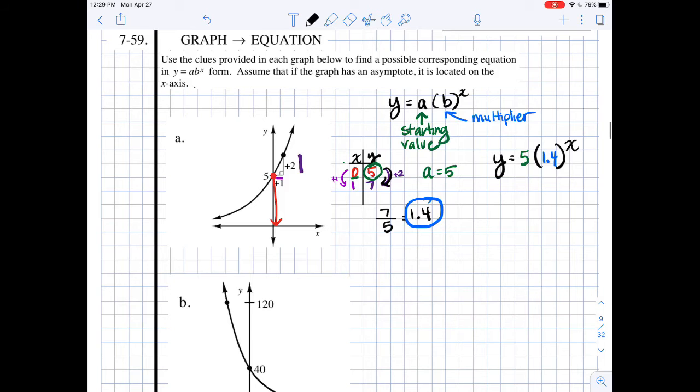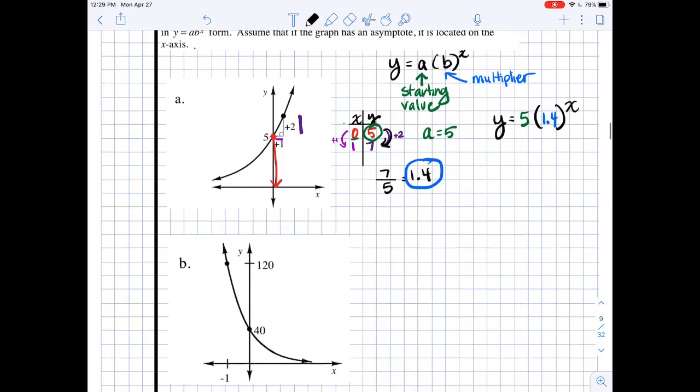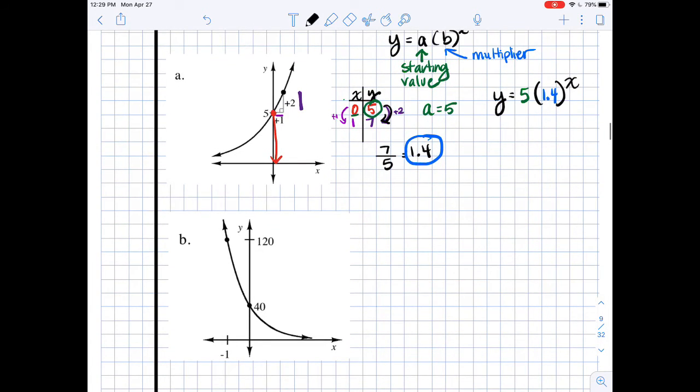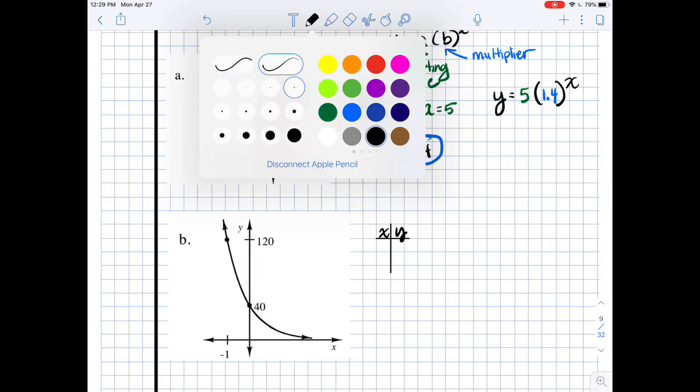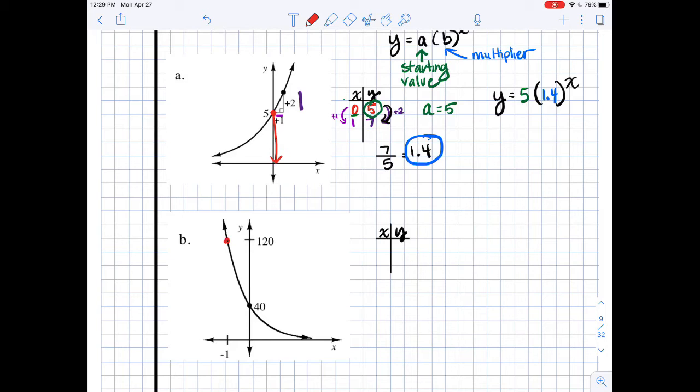So pause the video, analyze the next problem, B, and set up your table. So let's get started with our table. And we know that our first point is going to be here.